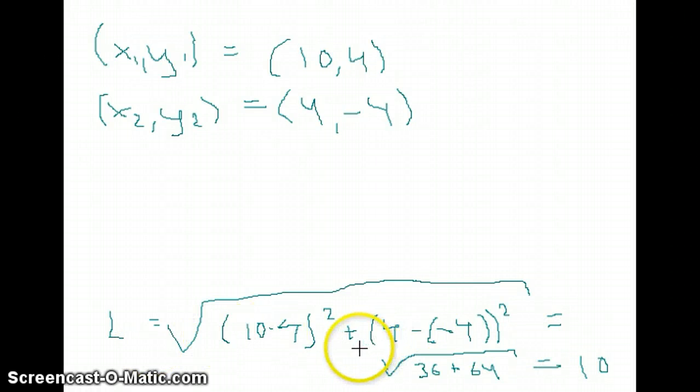We get 10 minus (minus 4) to the power 2 plus 4 minus 4 to the power 2, and the square root of that. Initially the square root of 100 is 10. So this is a quite straightforward way to calculate the distance between 2 points.